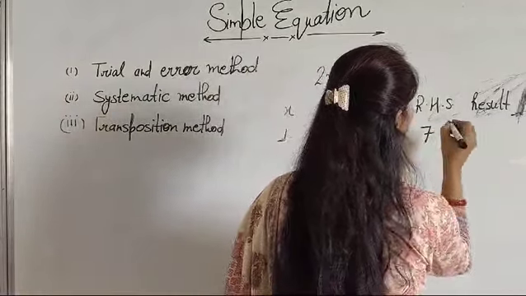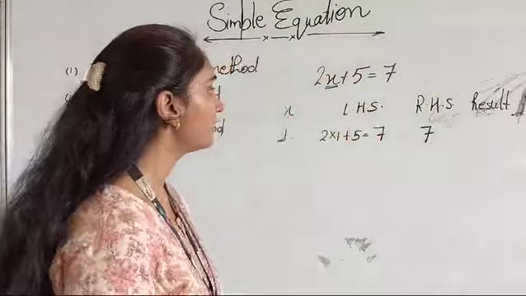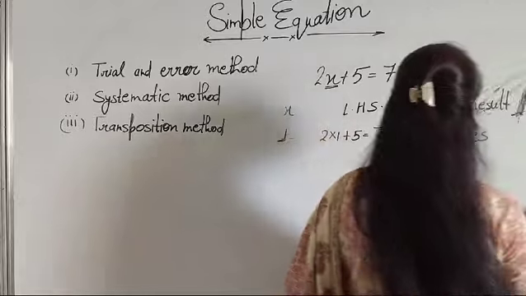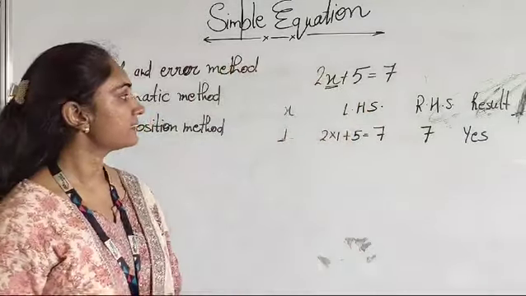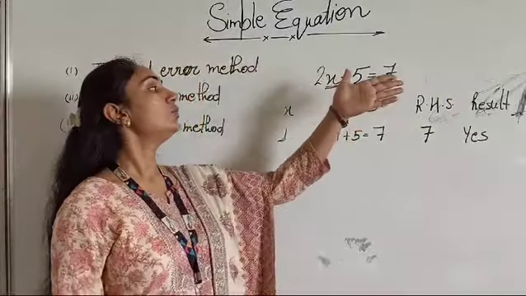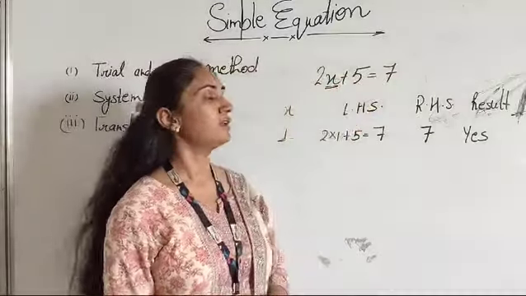Right hand side is also 7. So result will be left hand side is equal to right hand side. Yes, that means x is equal to 1 is the value of this equation.